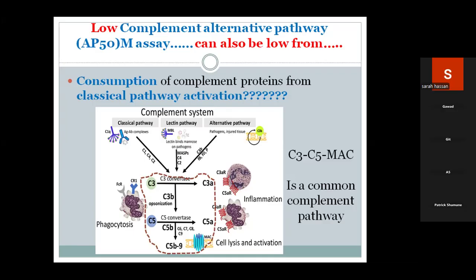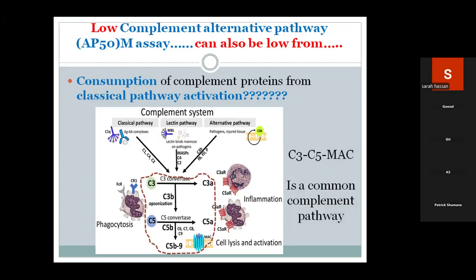So in the classic post-infectious GN, we may have C3 dominant deposits by immunohistochemistry, which does not mean that this is a C3 glomerulopathy or a dense deposit disease. The dominance of C3 by immunohistochemistry does not mean that this is a dense deposit disease. Dense deposit disease is an electron microscopic diagnosis.